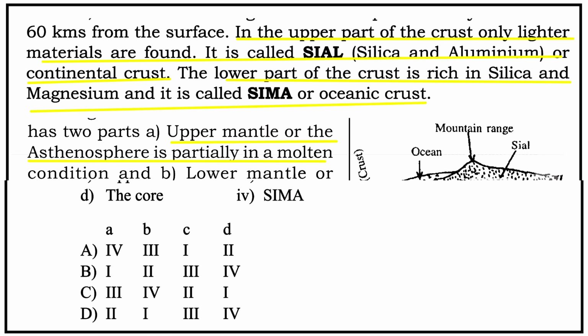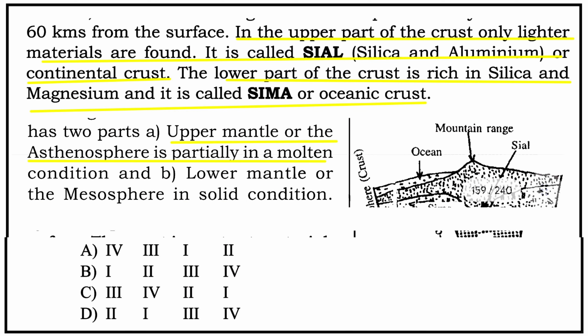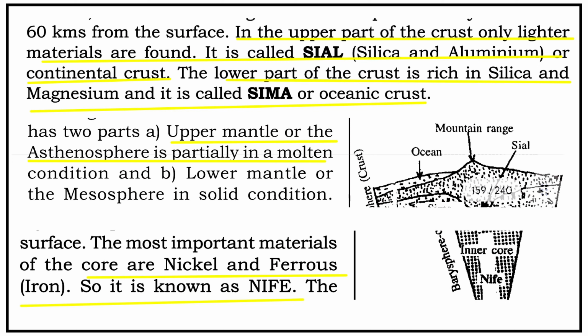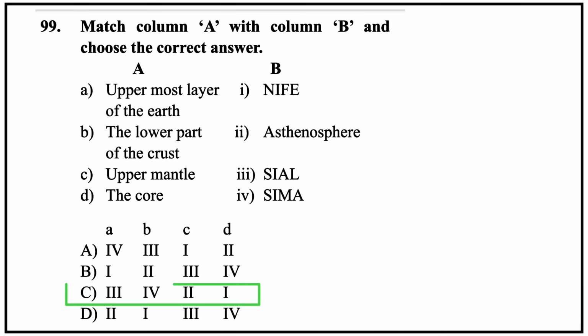It is called sial, silica and aluminium. The lower part of the crust is rich in silica and magnesium. It is called sima. The upper mantle, or the asthenosphere, is partially in a molten condition. The most important materials of the core are nickel and ferrous iron. So it is called nife. So our right option is here C.